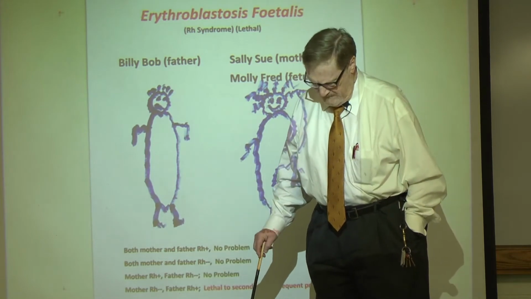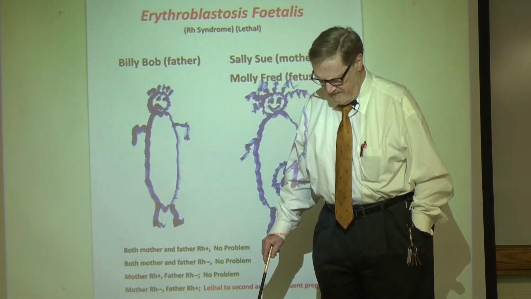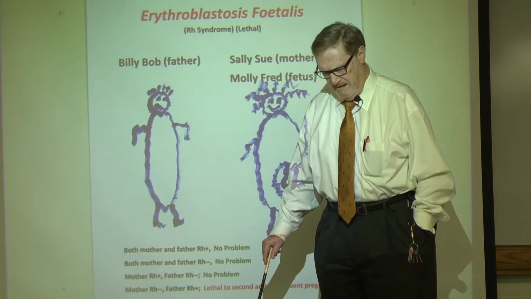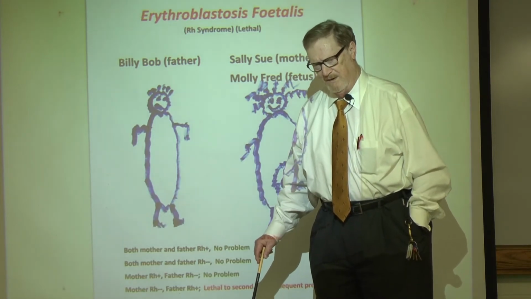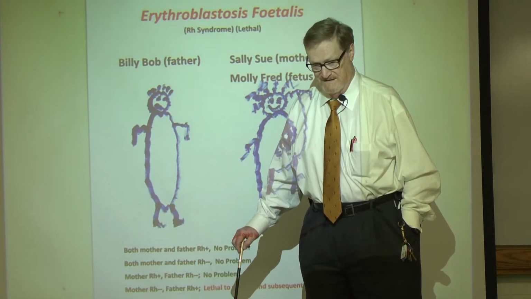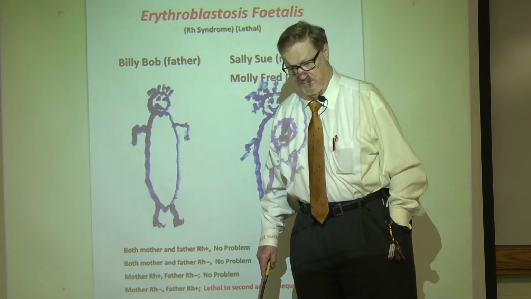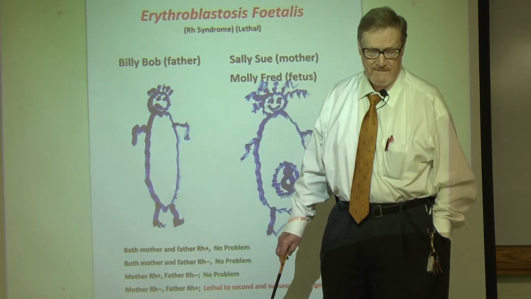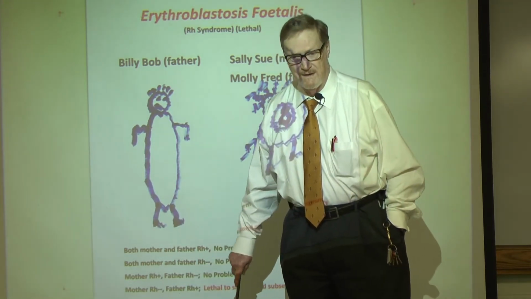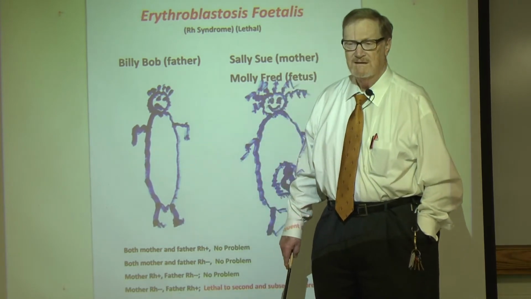The Rhesus factor, you can either have the genetic capability of making this factor, you inherit it from mama or daddy or both, in your genetic makeup, in your chromosomes, in your genes.